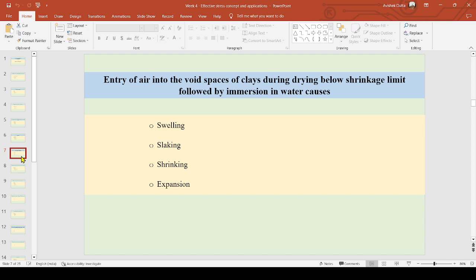The options are swelling, slaking, shrinking, or expansion.